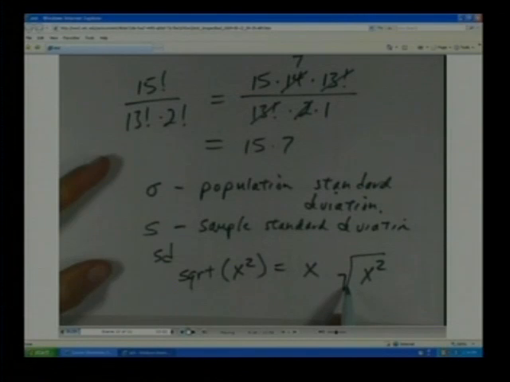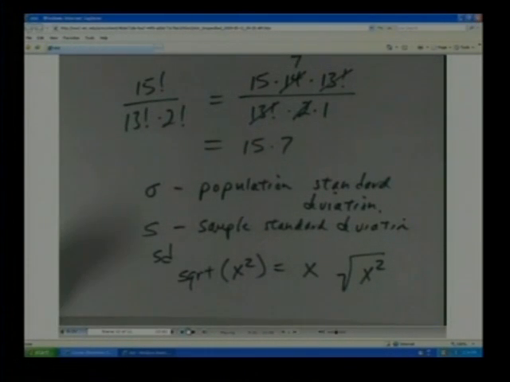So for this symbol here, I'll just say SQRT, and that does make it a lot easier when I start trying to write that out and give it to you in an email, especially if you don't have HTML enabled on your computer.